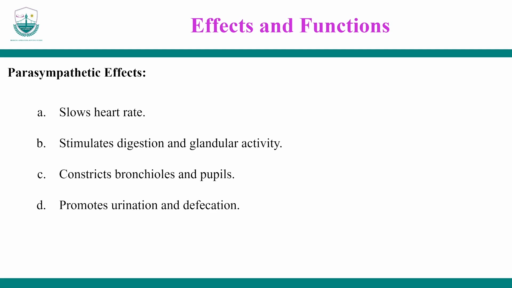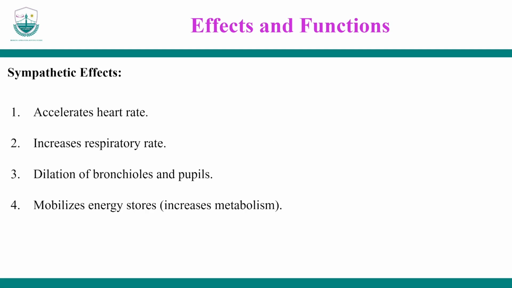The bronchioles constrict, including the pupils. Bowel movement, defecation and urination are being promoted. Then definitely the opposite happens in the sympathetic nervous system.